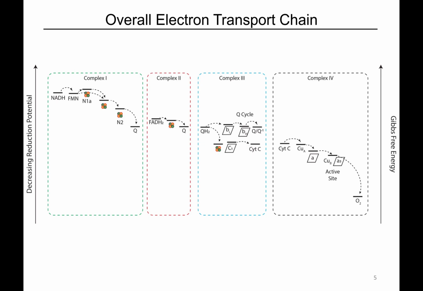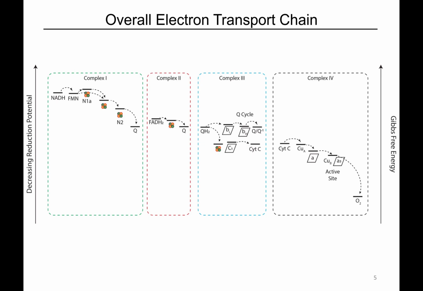The other electron goes through a Rieske iron sulfur cluster, then to a heme type C, and ultimately given to cytochrome C. We repeat that process with another equivalent of our reduced coenzyme Q. One electron goes to the Q1 site, regenerating a reduced coenzyme Q, and the other one goes through the Rieske iron sulfur cluster, through the type C heme, and ultimately to cytochrome C.